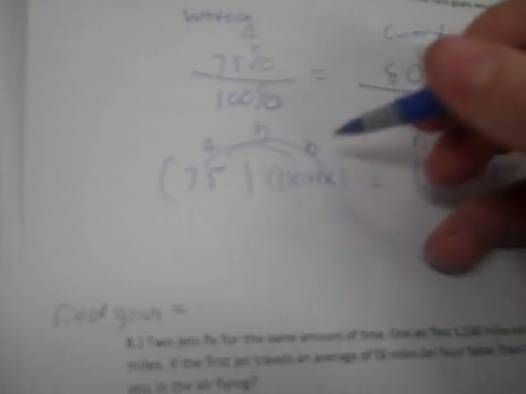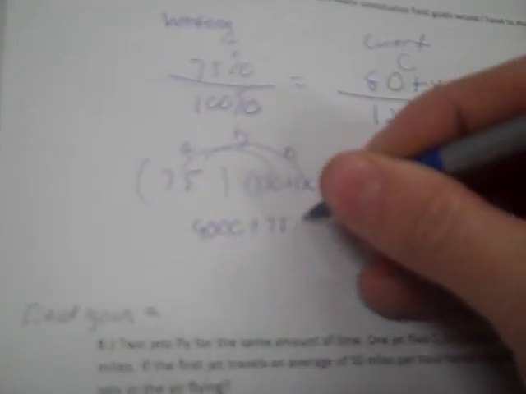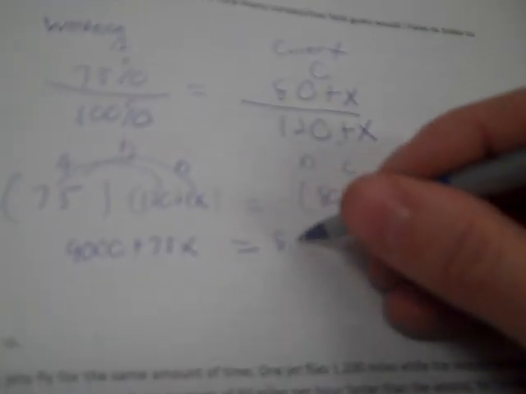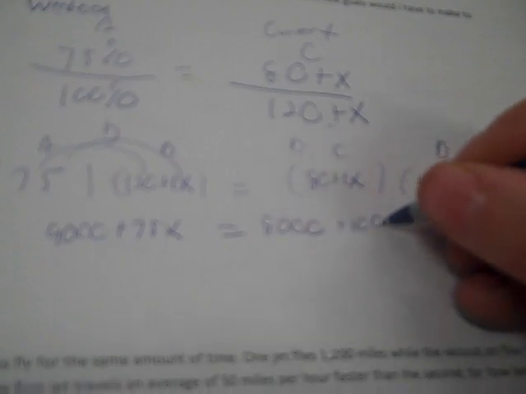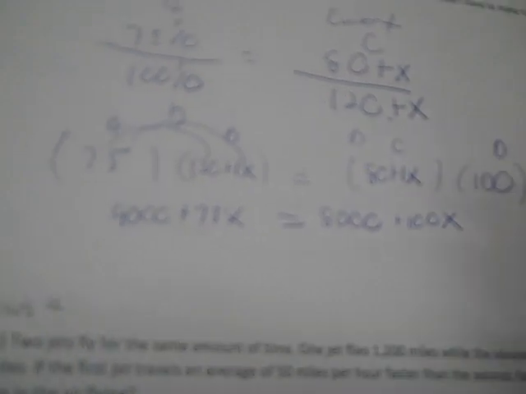Okay, so I distribute. 75 times 120 is 9,000, plus 75x. Now on the other side, I distribute 80 times 100 is 8,000, and then 1x times 100 is 100x. Now you've got only one answer to the problem, so you collect the x's to one side.